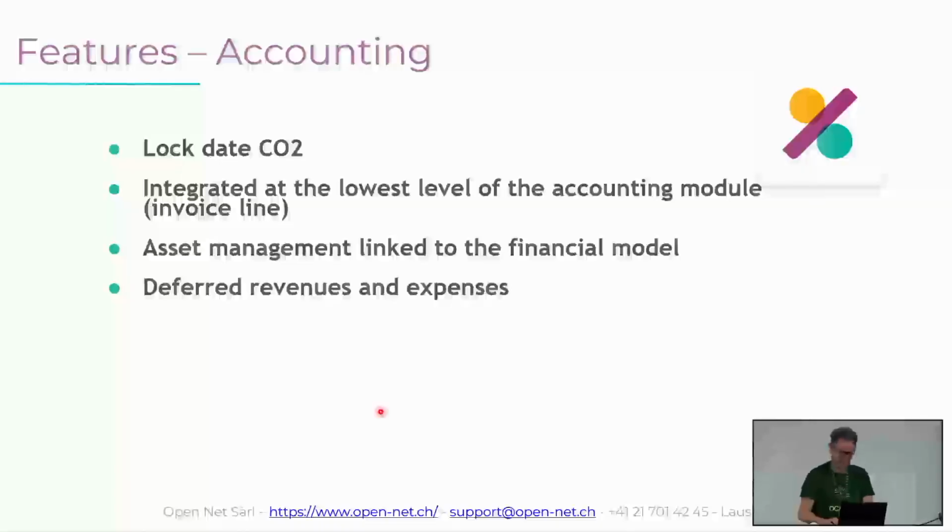And the integration is really at the lowest level, down to the invoice line, where we compute this carbon footprint. That gives us a lot of opportunities in terms of reporting, budget management, and so on, without doing a lot, actually. A lot of thinking and design, but you will see one of the side benefits right after.